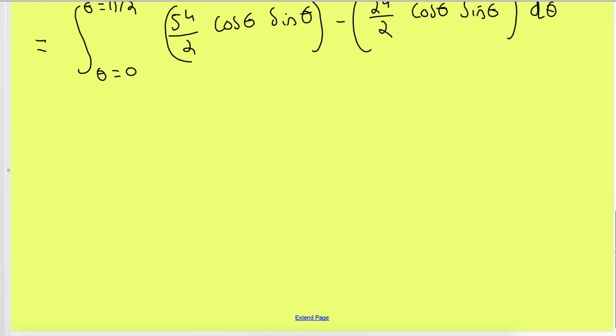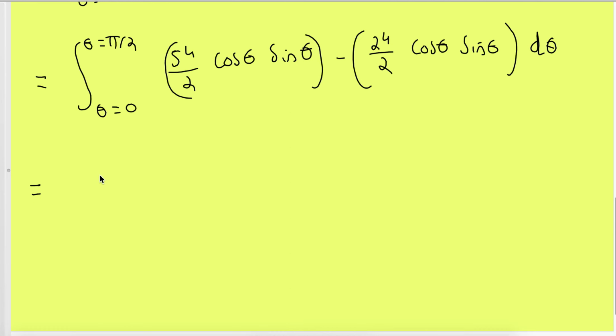Right, 5 to the power of 4 divided by 2 is 625 over 2.